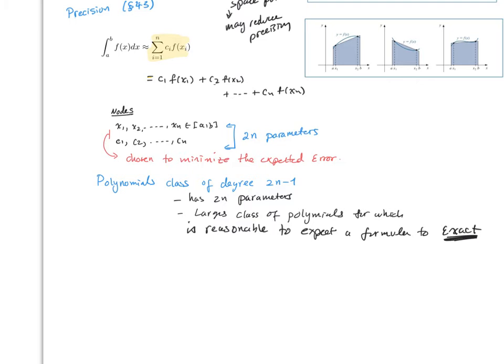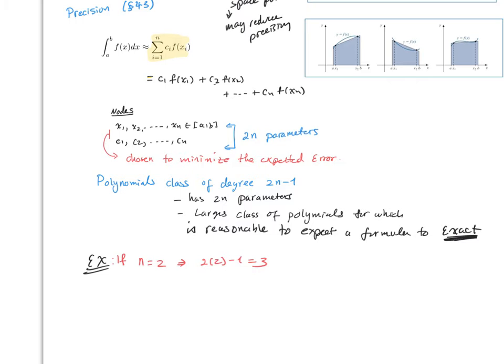Okay? So you need to remember what the definition of exact means. Now, for example, let's say that n is equal to 2. Then you're going to have 2 times 2 minus 1, which is equal to 3, if we plug it into this formula. So we're going to rely on third degree polynomials, or more precisely, you want it to be exact up to third degree polynomials.